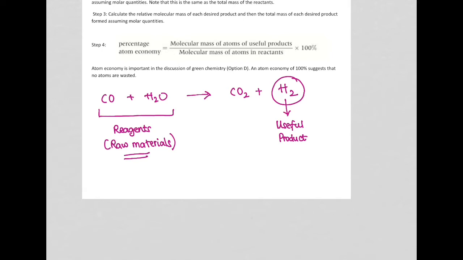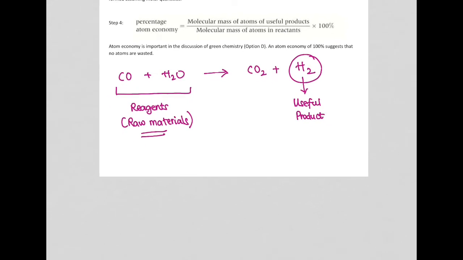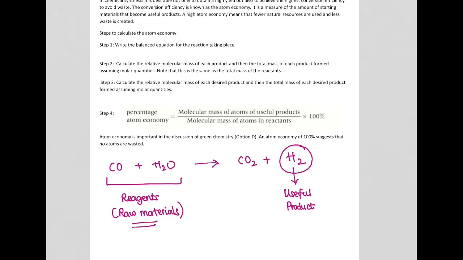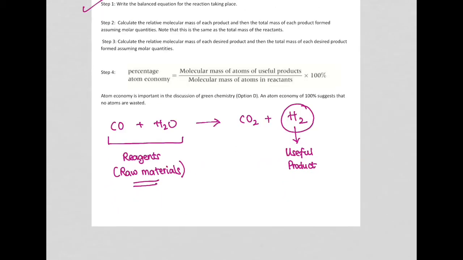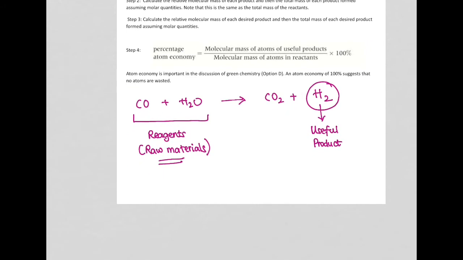So the first step is to write a balanced chemical equation. So we have our chemical equation. We're just going to verify if it is balanced. So this is good. The next step is we're going to find the MR of all the reagents that are used.